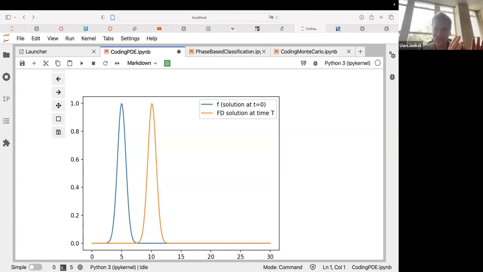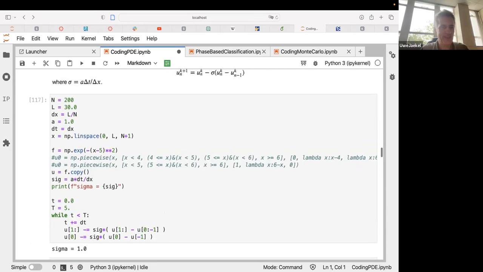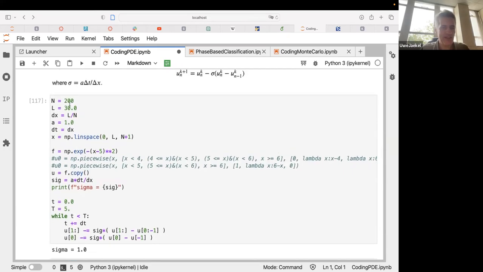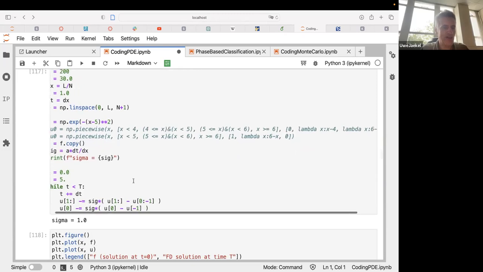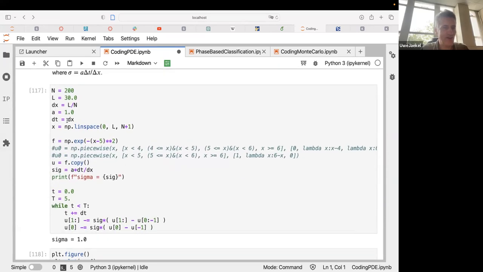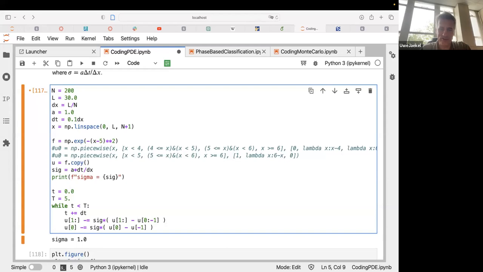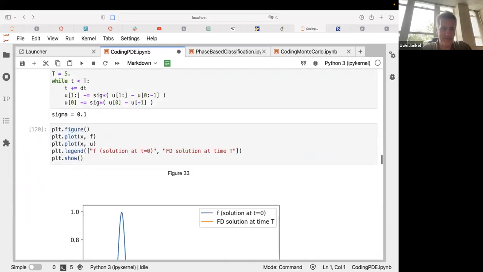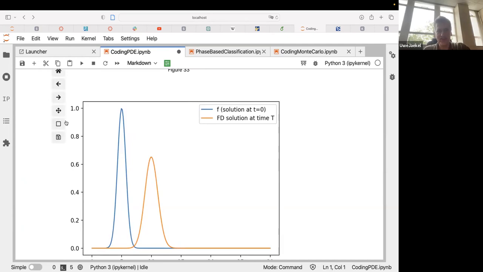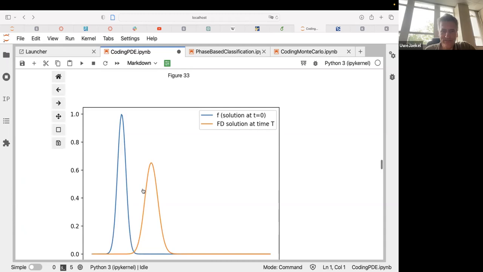Numerical diffusion is by far not as bad as instability, because instability gives you, in most cases, unreasonable solutions, and numerical diffusion is something you can cope with. Let's first look at the solution with 0.1 again. So you see, we have considerable numerical diffusion.